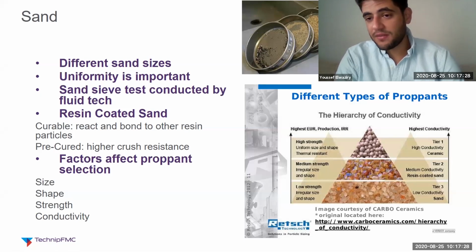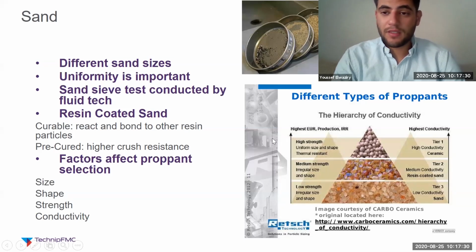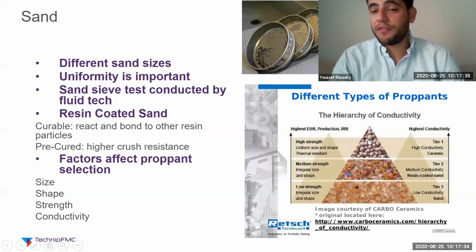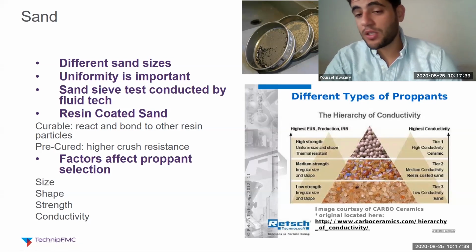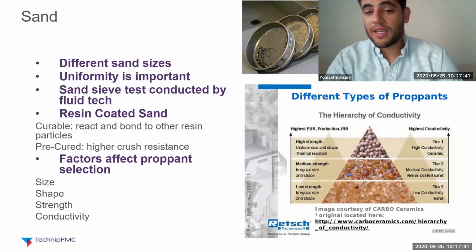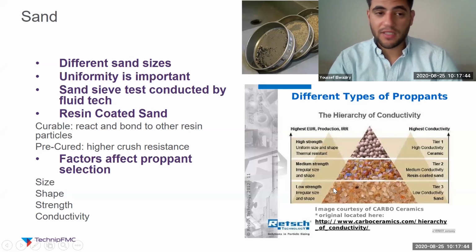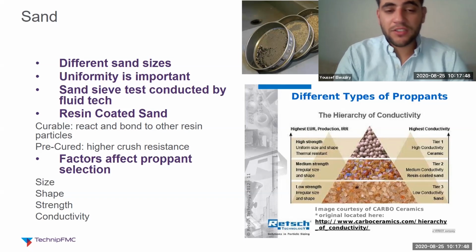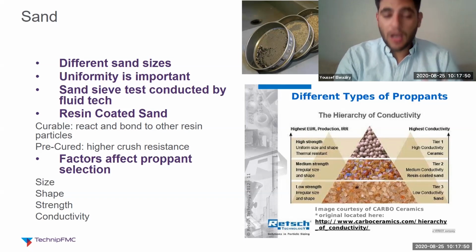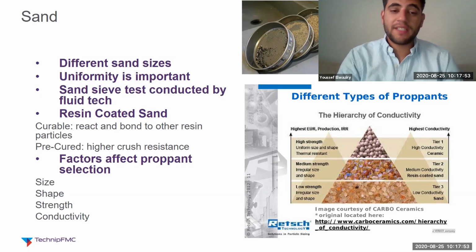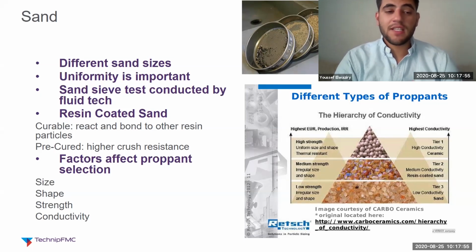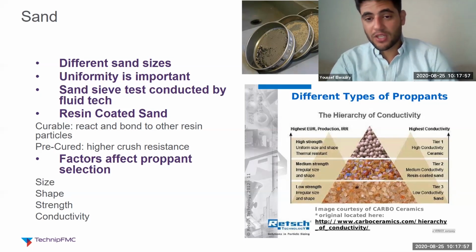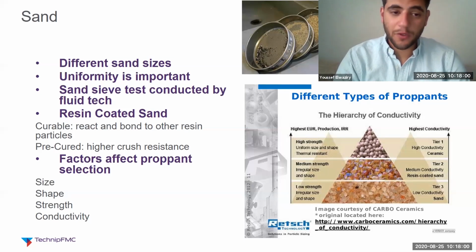So the man-made sand, for example, like the ceramic here, has the highest conductivity because it's man-made, so it's more uniform. The natural sand gives you a lower conductivity just because it has irregular size and shape because it's natural. And the factors that affect us choosing or selecting our proppant is the size, shape, strength, because it gets crushed, and the conductivity that we want to create.